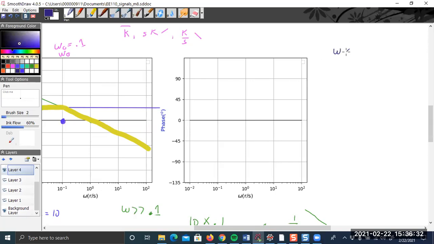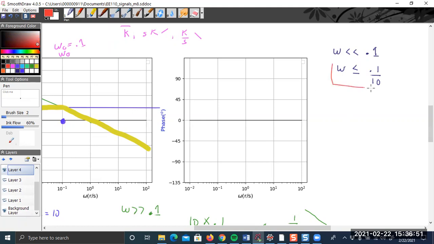When omega is much, much less than 0.1, or really omega is less than or equal to 0.1 divided by 10.